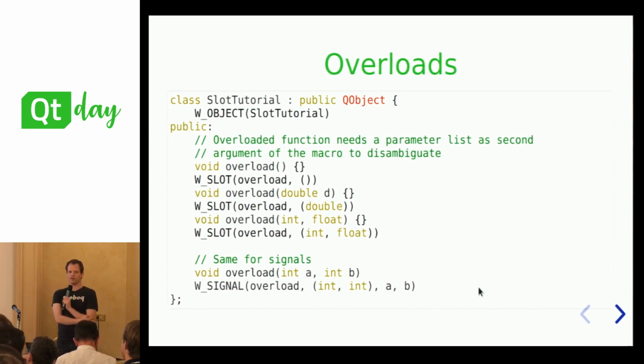So if you want to use overloaded signals or overloaded slots, you need to give the slot macro the list of arguments as a second parameter in parentheses. This is not so great, but that's overloads. We probably should avoid them anyway because it's difficult to connect to overloaded signals or to overloaded slots.